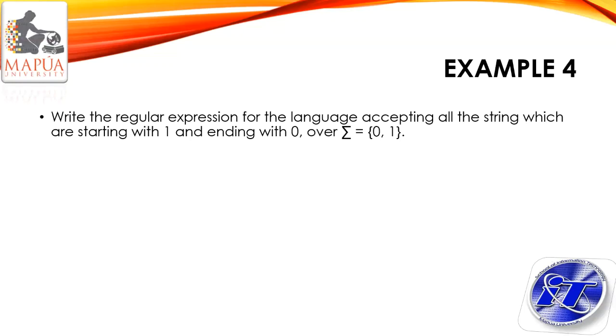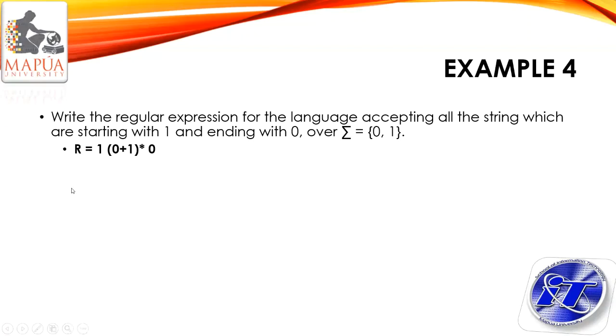Example 4. Write a regular expression for the language accepting all the strings which start with 1 and end with 0. So in this example, it should start with 1 and end with 0. In between 1 and 0, we don't care. If we have lots of symbols, it could be either 0 or 1. So if we don't care about the length or the symbol, it means we're going to use the Kleene star with union.